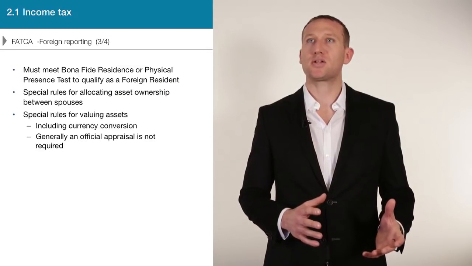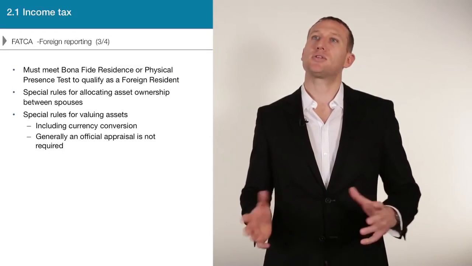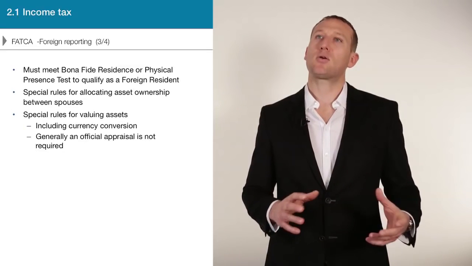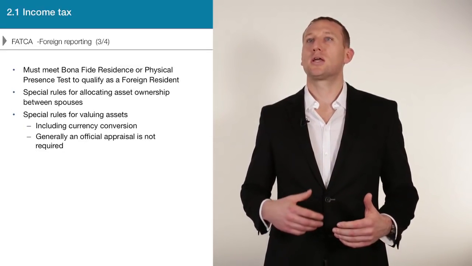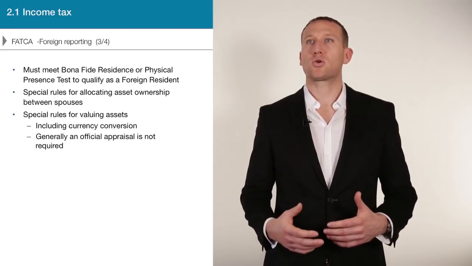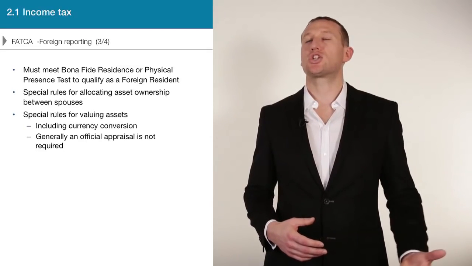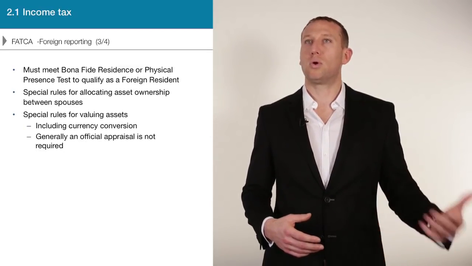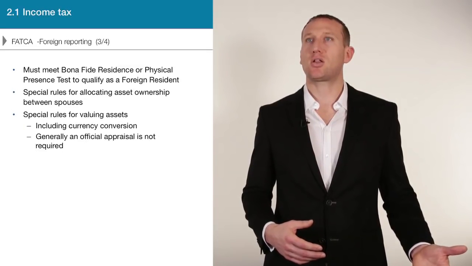It's best to consult a professional to determine how those assets need to be allocated. Likewise, there's special rules for when appraisals are required, for which exchange rate to use when converting this to United States dollars. All of those things are complex and often necessitate the need for a professional.